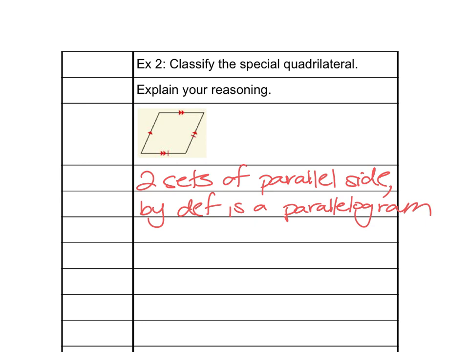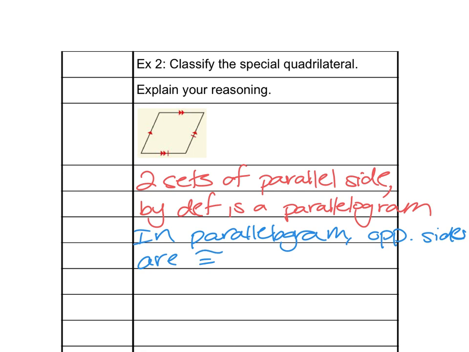And then in a parallelogram, which we've already proven that this is, opposite sides are equal or congruent. I'm going to use the congruency sign. And I'm going to put every reason on a different line here.